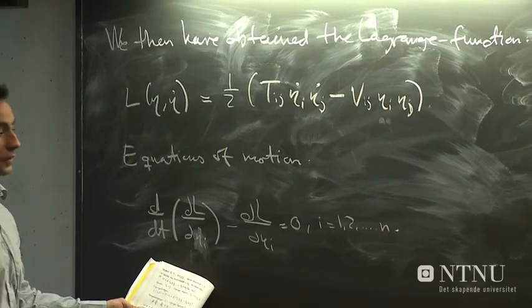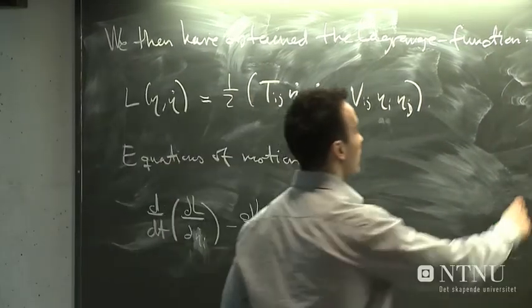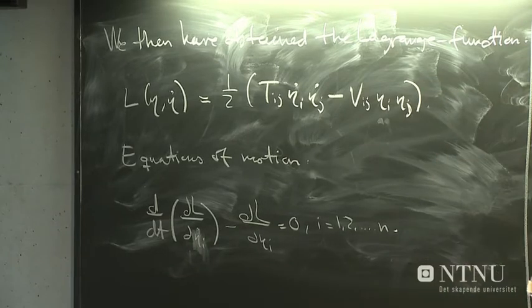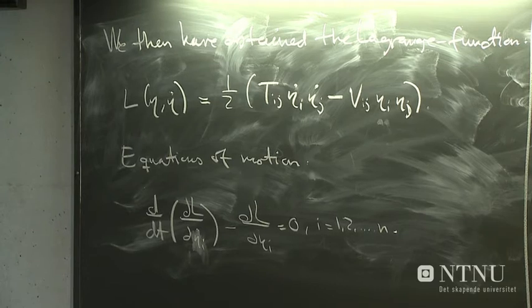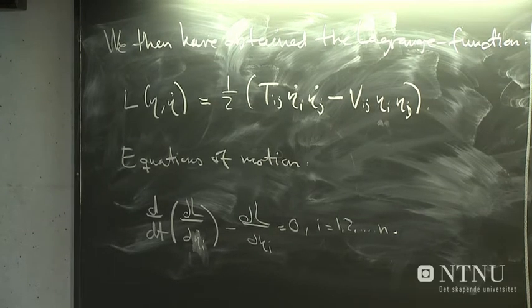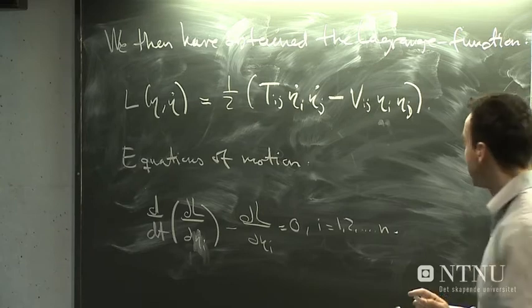So the equations of motion look like this. And let's consider these equations of motion for one particular value of i. So we solve them for one generalized coordinate.